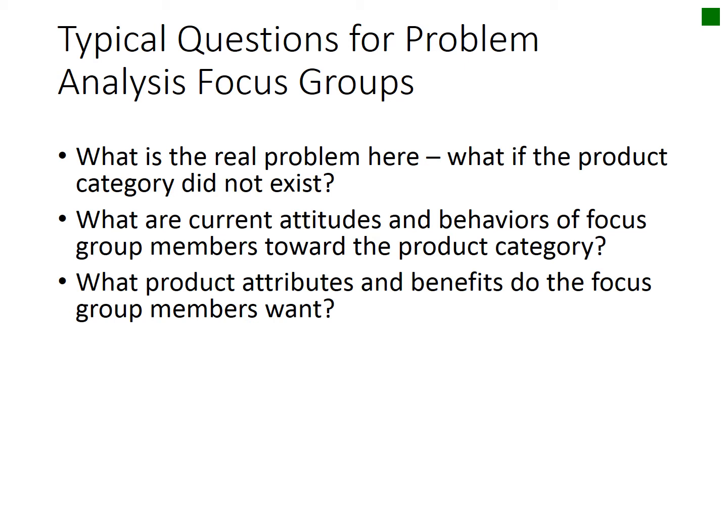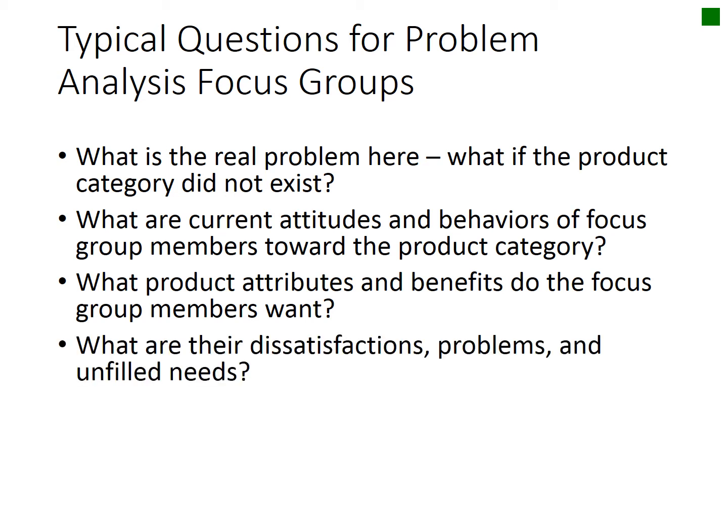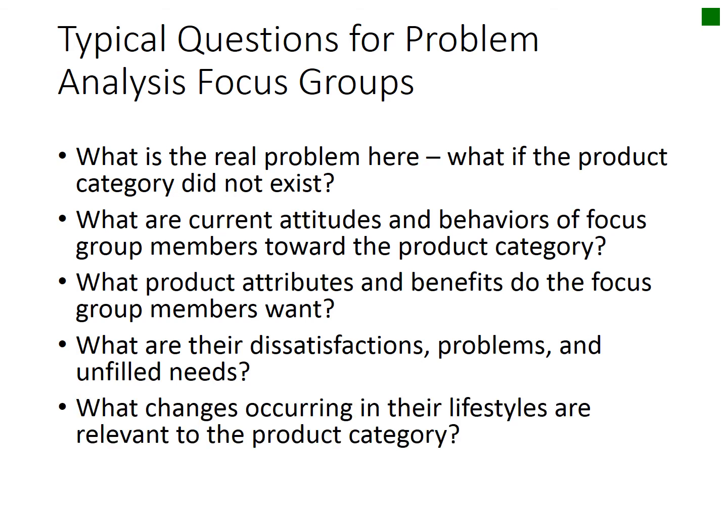We want to understand what product attributes or characteristics they like and they don't like, what they'd like to see, what they'd rather not see, and so forth. So the components of the products themselves, their satisfaction with the products, how well products currently solve their problem, and then also needs that are left that are still unmet by them.